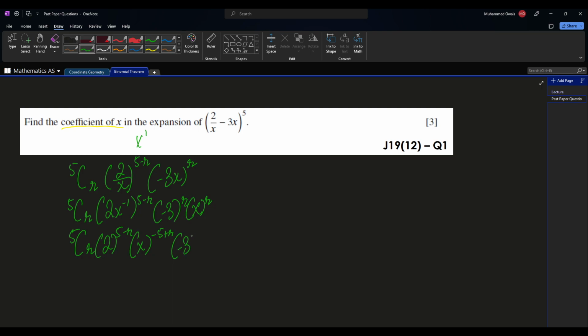And this becomes minus 3 power r, and this is x power r.